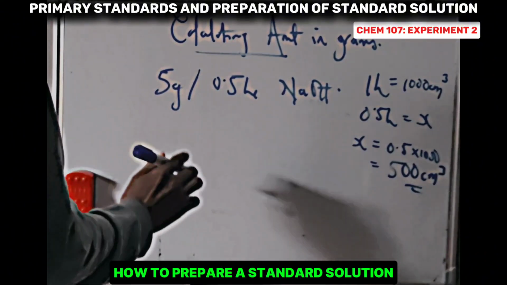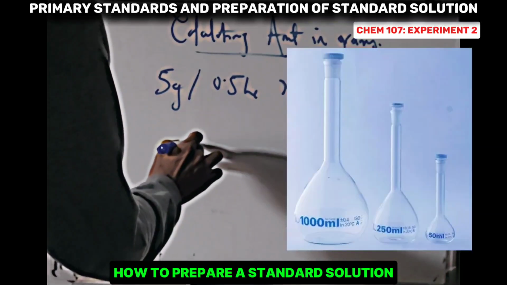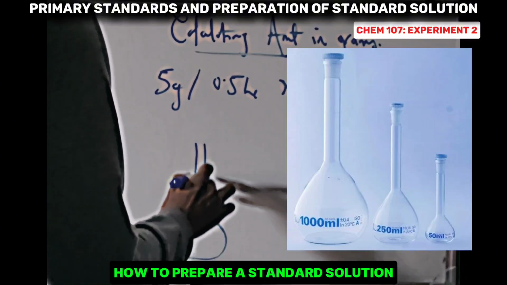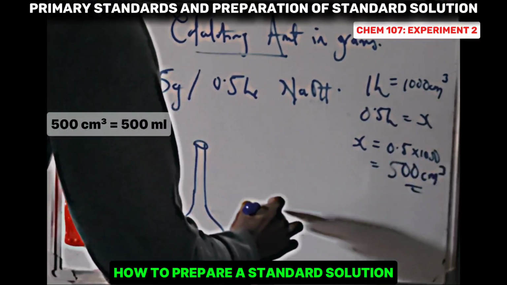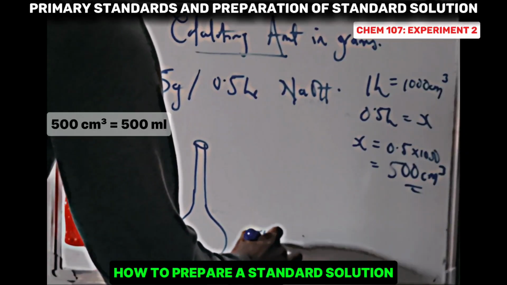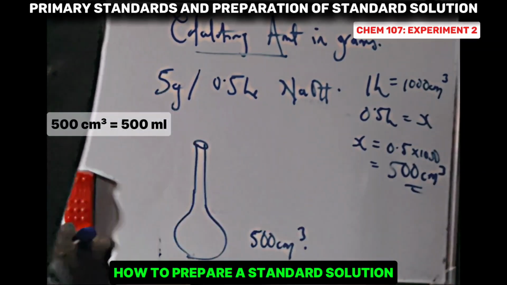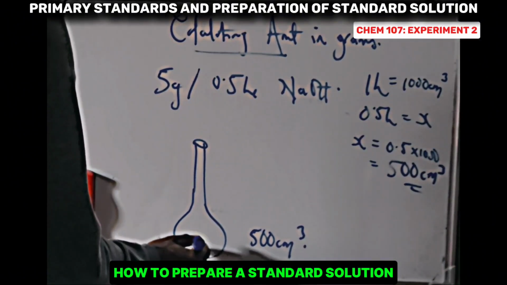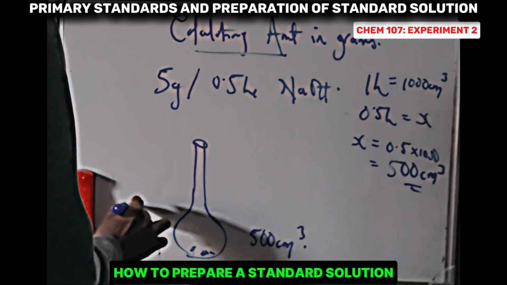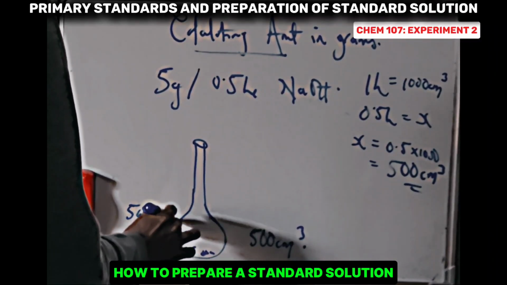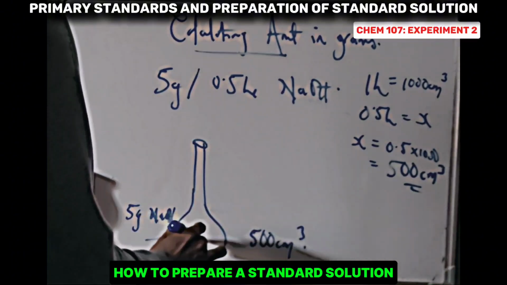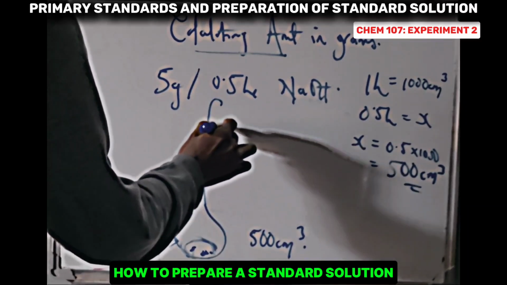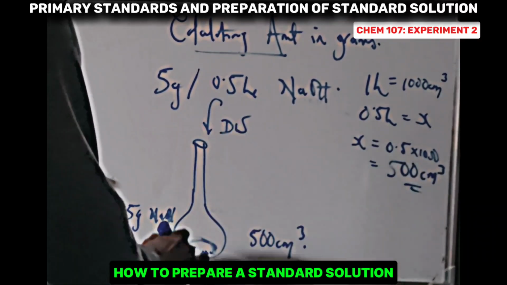It means that you need a standard flask. A standard flask is a volumetric flask. It looks like this. You need a 500 cm cube standard flask. All you have to do is weigh 5 gram of sodium hydroxide and introduce it into the flask. Then add some distilled water to dissolve it completely.